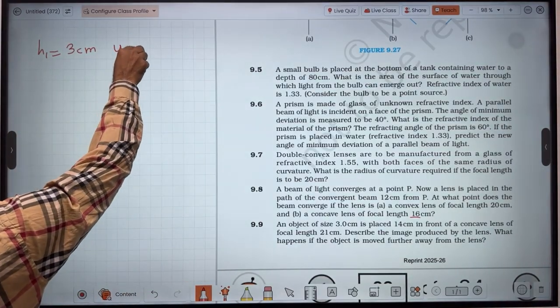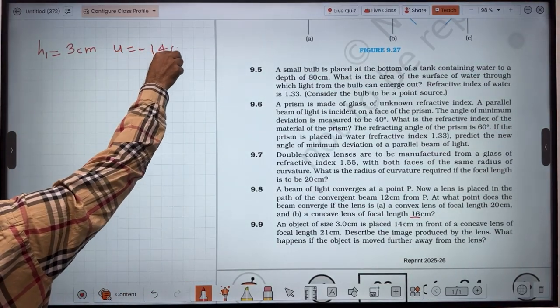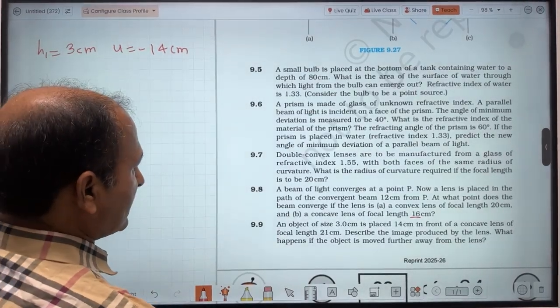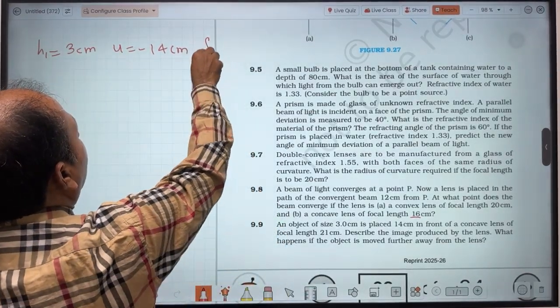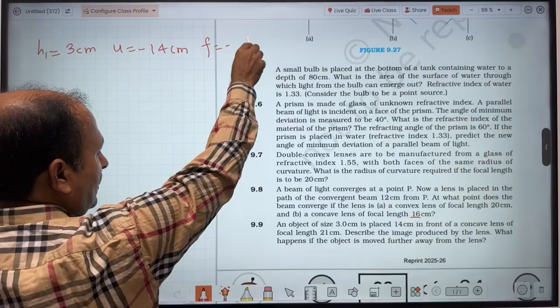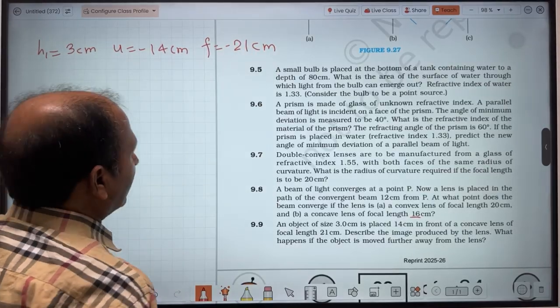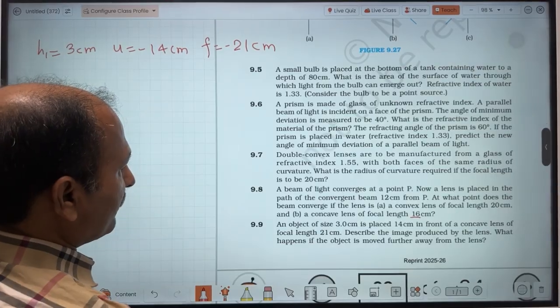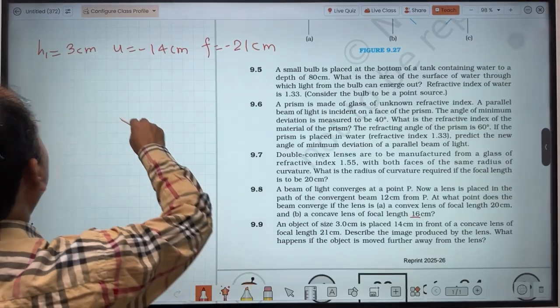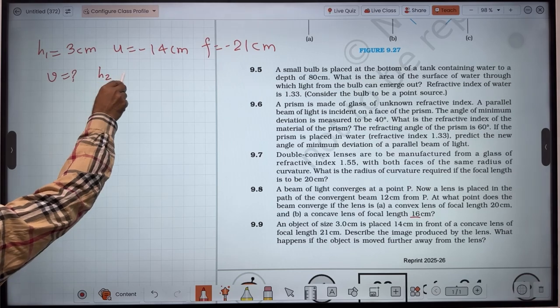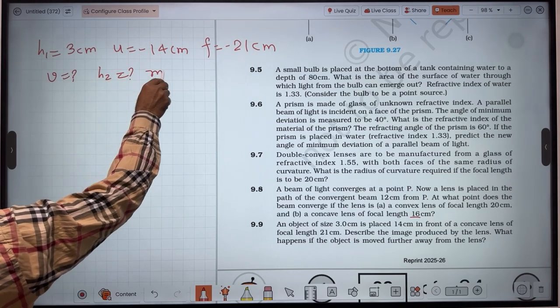So u is minus 14 cm and the concave lens has focal length f equal to minus 21 cm, right? So v is to be found, h2 is to be found, m is to be found.